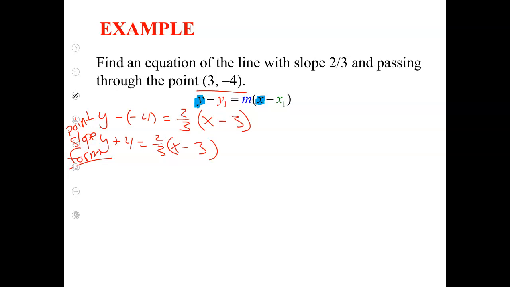Okay, so I need to do 2 things in order to turn that into slope-intercept form. What 2 things do I need to do? Distribute. So I get y plus 4 equals 2/3 x minus 2. All right, and then what's the last thing I need to do?